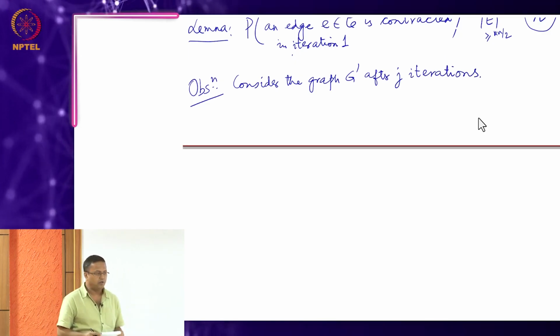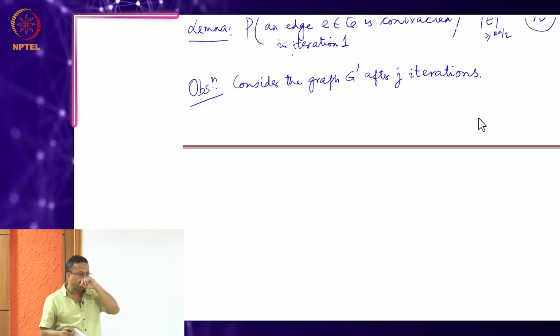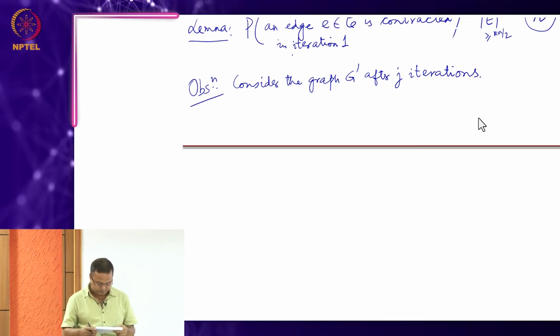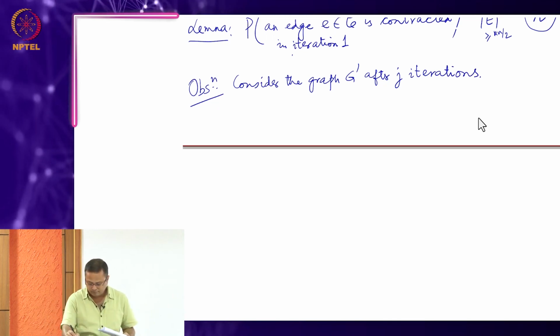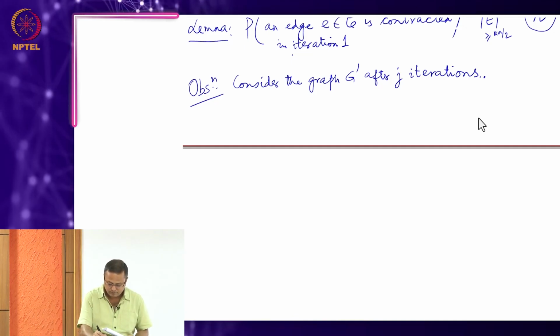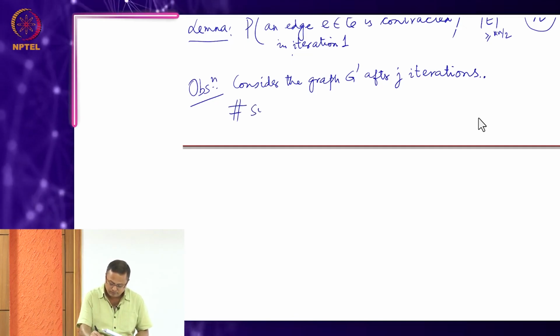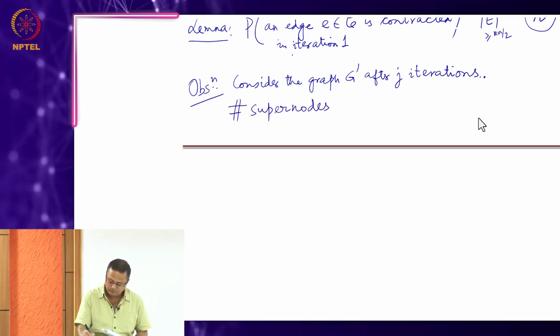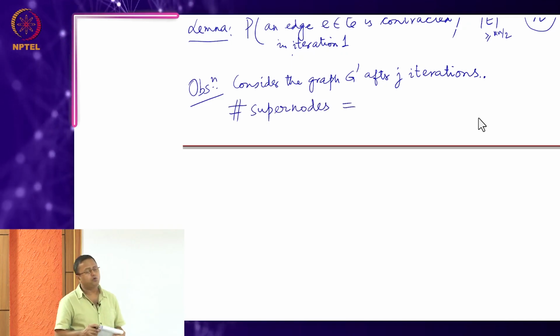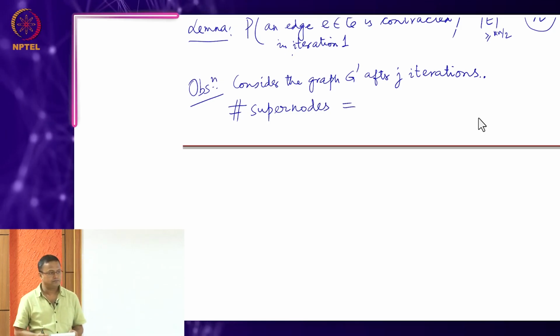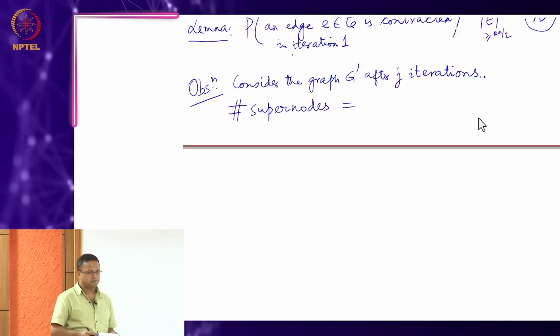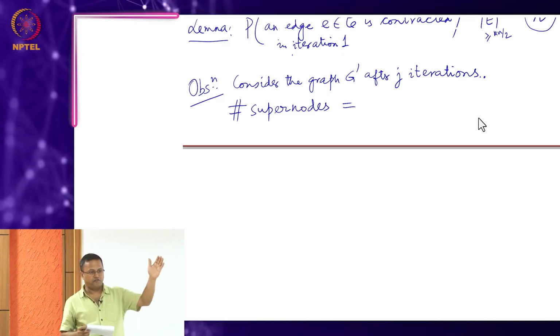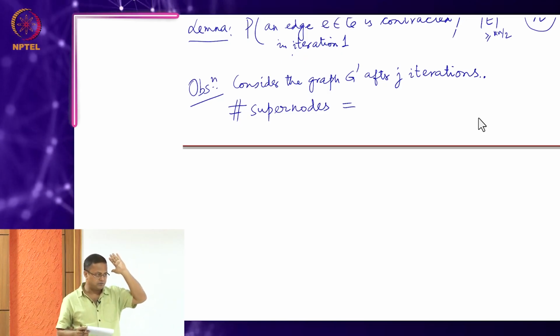So you have gotten to this graph G dashed after j iterations. How many nodes are in this graph? After the first iteration it was n minus 1.